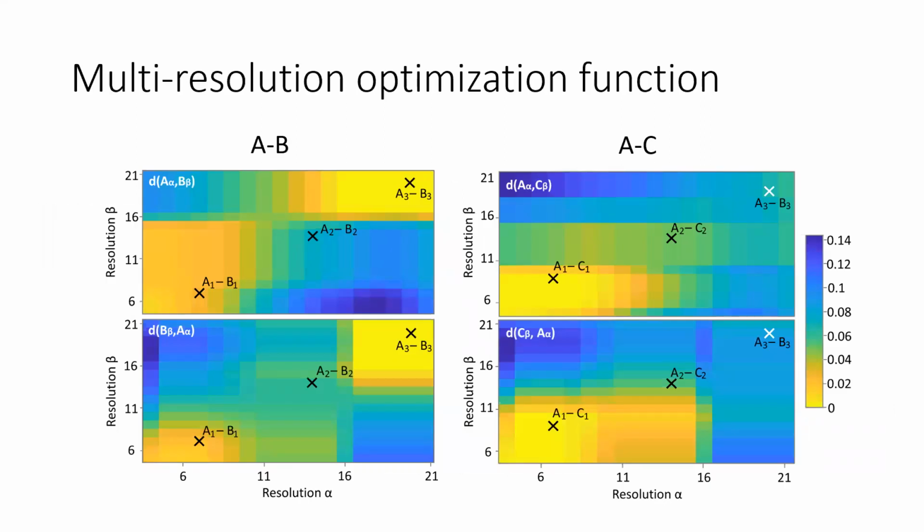Okay, so if we then see how our distance measure performs when we compare A and B and A and C. We want to point out here you have two heat maps because we have two dimensions to our distance. If we look at A and B, on your x-axis you have resolution parameter alpha.